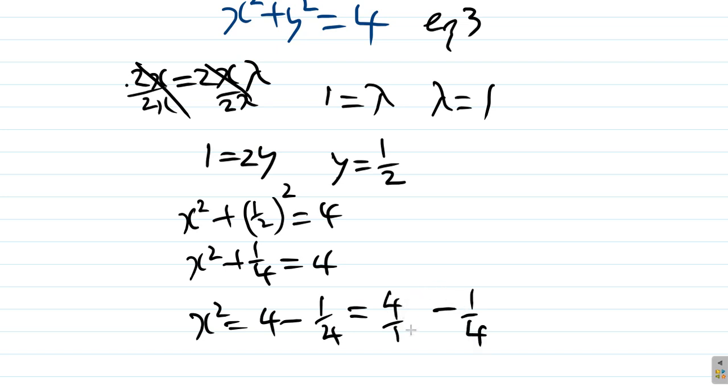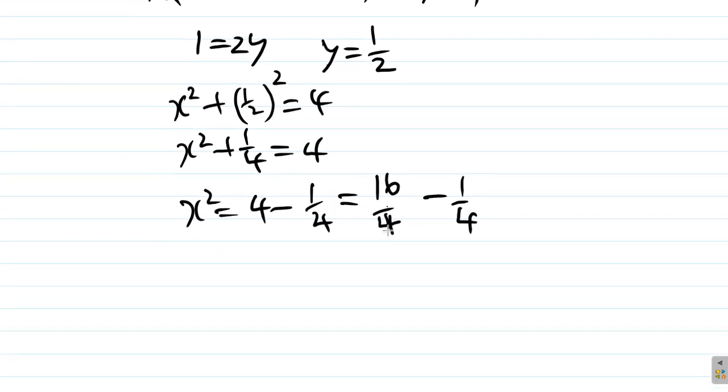We get a common denominator. So multiply 1 by 4. If we multiply under here by 4, we get 4. If we multiply up top by 4, we get 16 up top. Alright. So in this case, 16 quarters minus 1 quarter gives us 15 quarters. Good. That's x squared. So x is equal to the square root of 15 over 4.